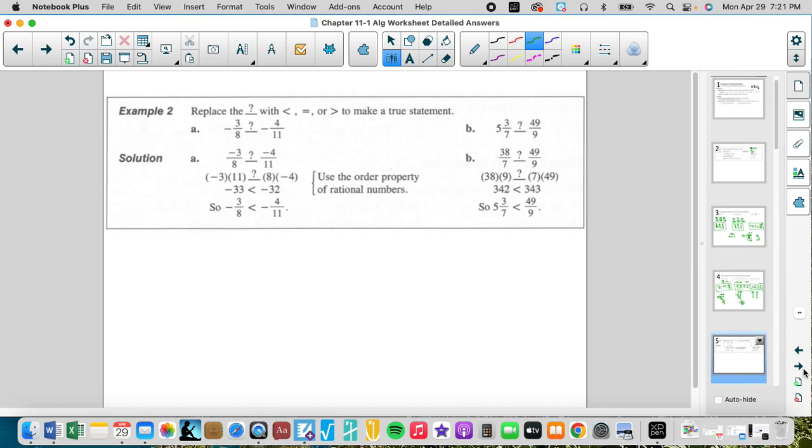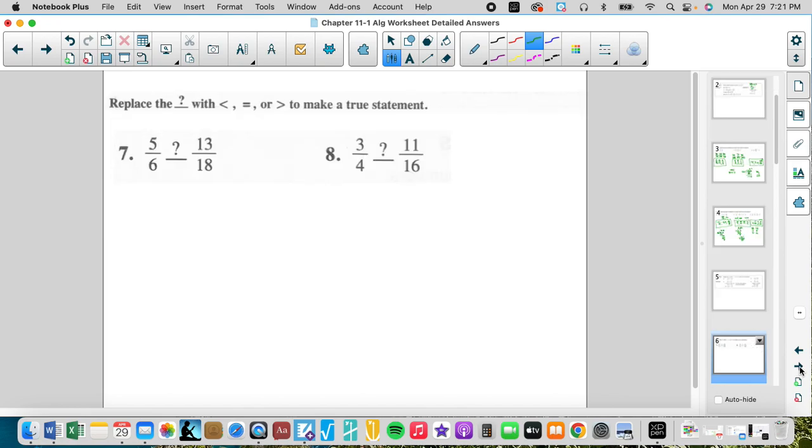So we'll cross product. It'll just be easier. 5 times 18, that's 4, so that's 90. 6 times 3 is 18, that's 78, so we get less than sign. Sorry. Hello. Greater than sign. Greater than, because 90 is more than 78.